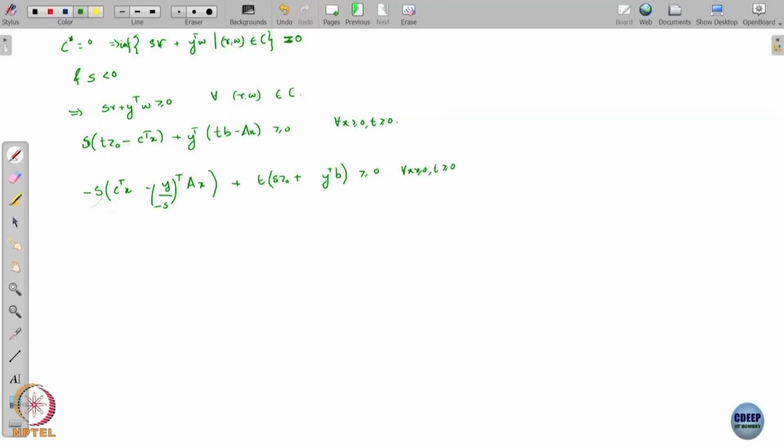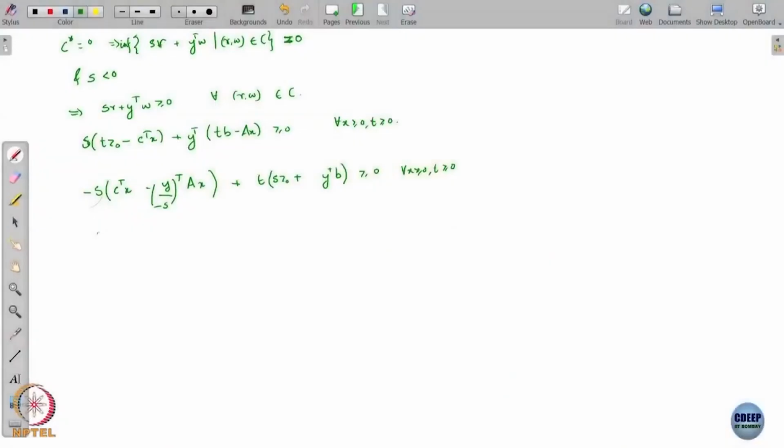Now, this inequality has to be greater than equal to 0 for all x greater than equal to 0 and t greater than equal to 0, which means I can put my favorite values of x and t and check. Let us suppose we put t equal to 0. If I put t equal to 0 here, then the second term disappears because it has been multiplied by t.